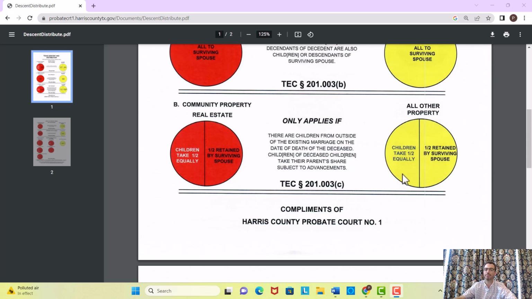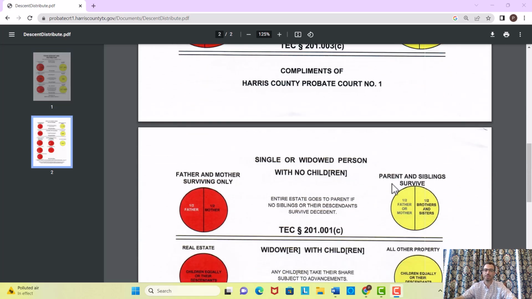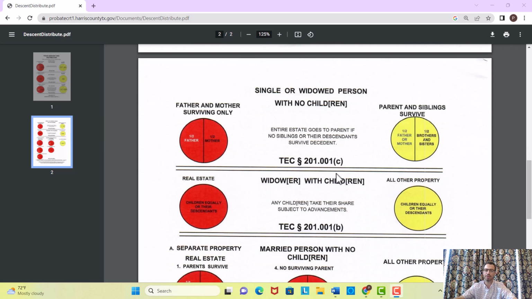Personal property in a non-nuclear family situation, the children take half equally, and half is retained by the surviving spouse. And then the next page is the single or widowed person with no children, and it gets into some different examples. We're not going to go through all of these examples, but you have a situation where someone was widowed or single and never had any children.